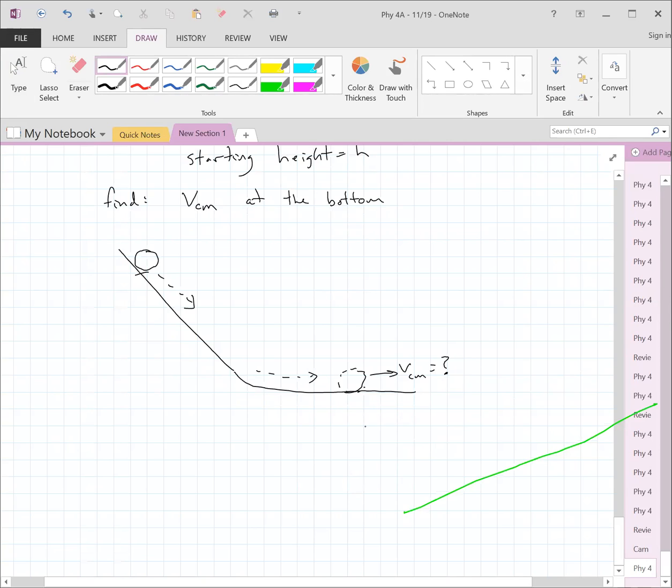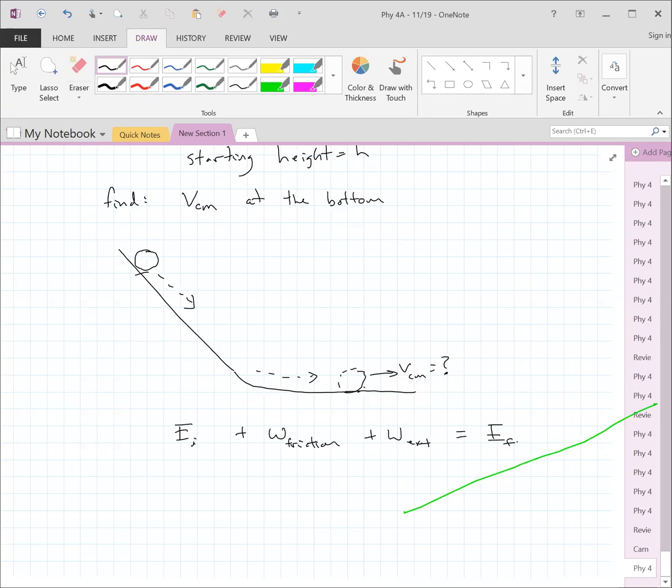So if we do an energy analysis for this, then we can solve this, right?